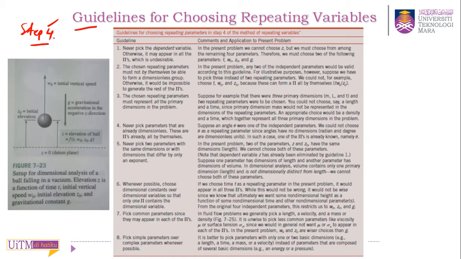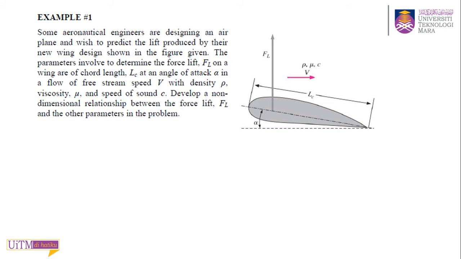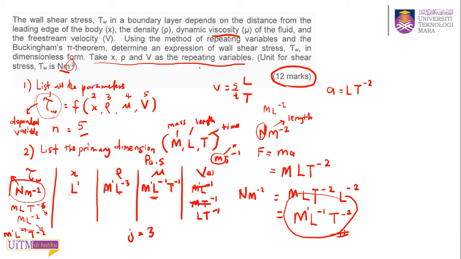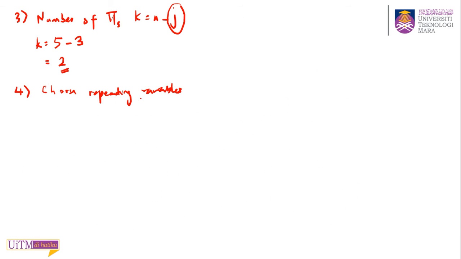Okay, because in this question they already give you X, rho and V as the repeating variables. So you don't need to find that by yourself. You don't need to refer to the guidelines to choose the repeating variables. It's already given to you. So your repeating variables will be X, rho and V.